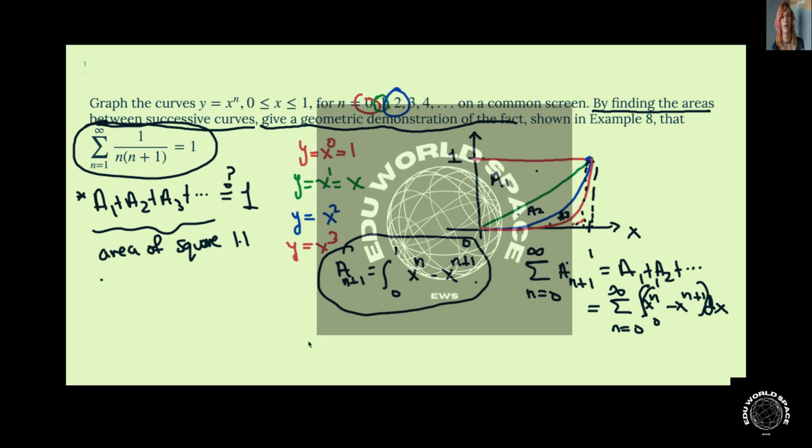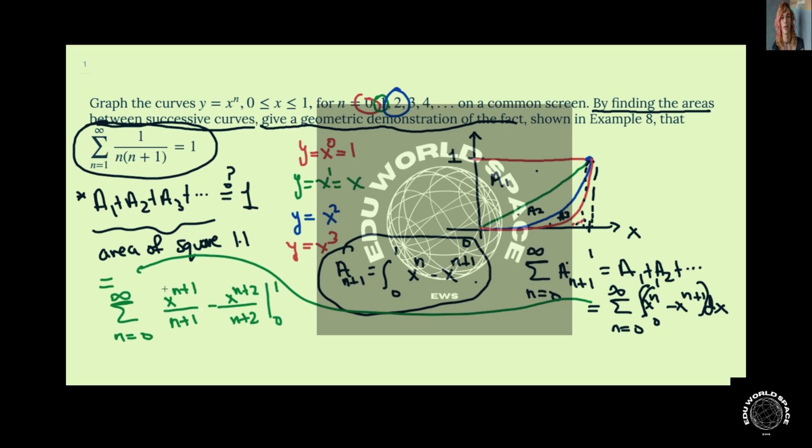Now, let me bring this to the other side since I'm running out of room. This we can write as the sum from 0 to infinity. Now let's use our integration, power rule there, power rule again. Now plug in those endpoints 0, 1.